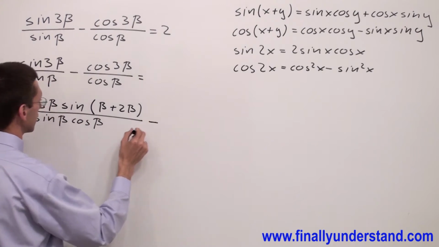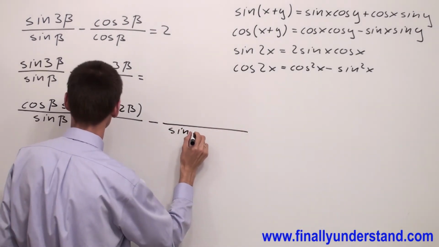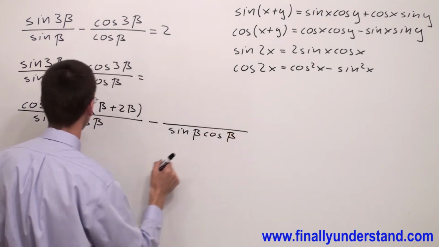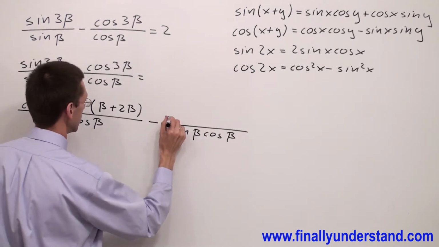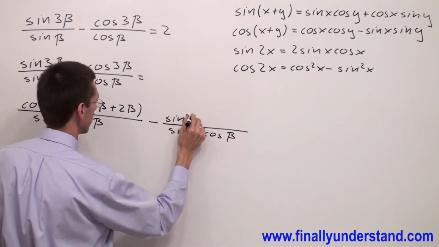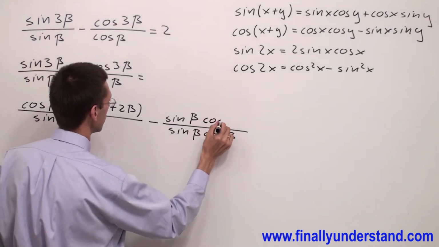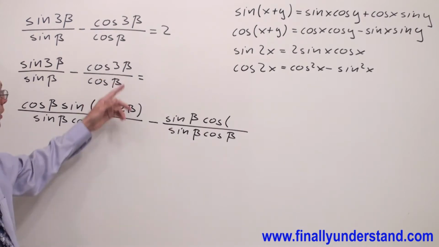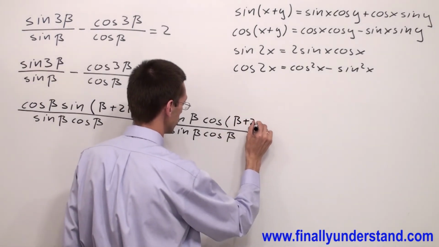Minus, okay, common denominator is sine beta cosine beta, and I have in the numerator sine beta times cosine, and I'm going to rewrite 3 beta as beta plus 2 beta.